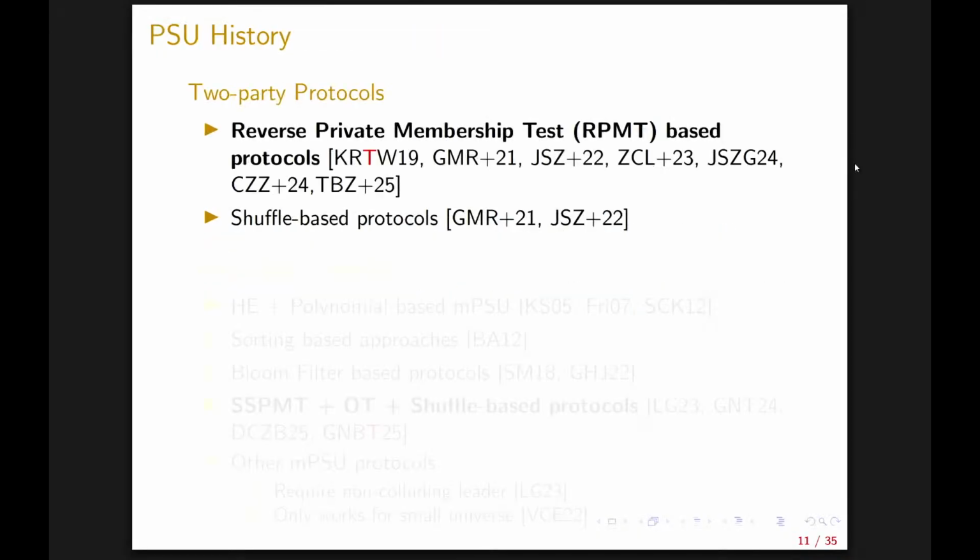Before going to that, I want to have some literature reviews on two-party and multiple party. The state of the art in two parties, they use PMT, reverse private membership, or they use sub-for-based protocol.